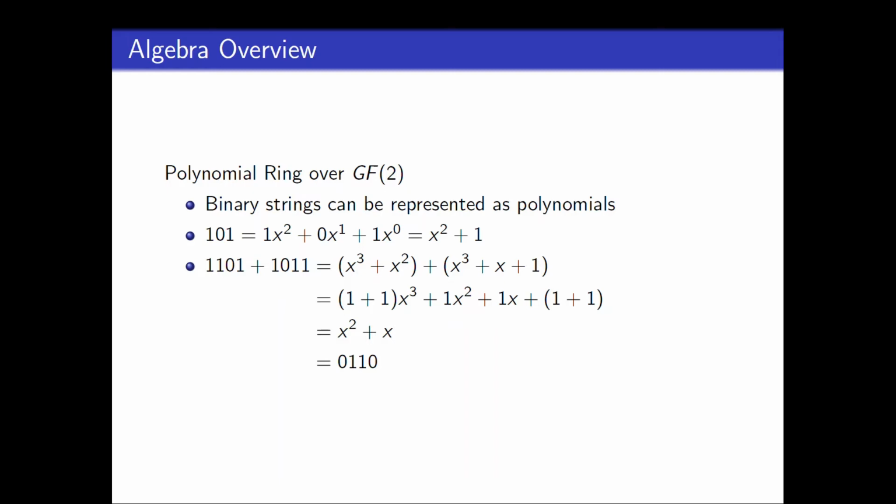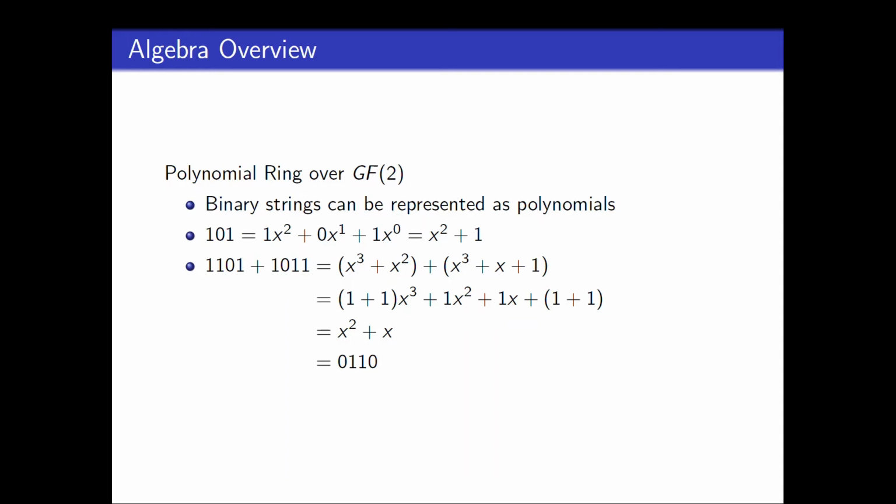So this allows us to have entire strings of binary data, and these pieces of information can also be represented as polynomials, where, since we're over the Galois field of order 2, the coefficients can only be 0 and 1. So if we have a binary string of 1, 0, 1, those ones and zeros represent the coefficients of individual monomials that make up the larger polynomial.